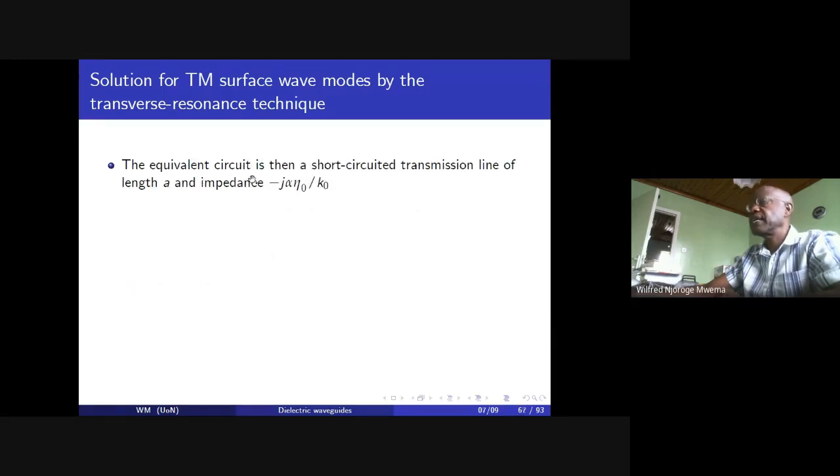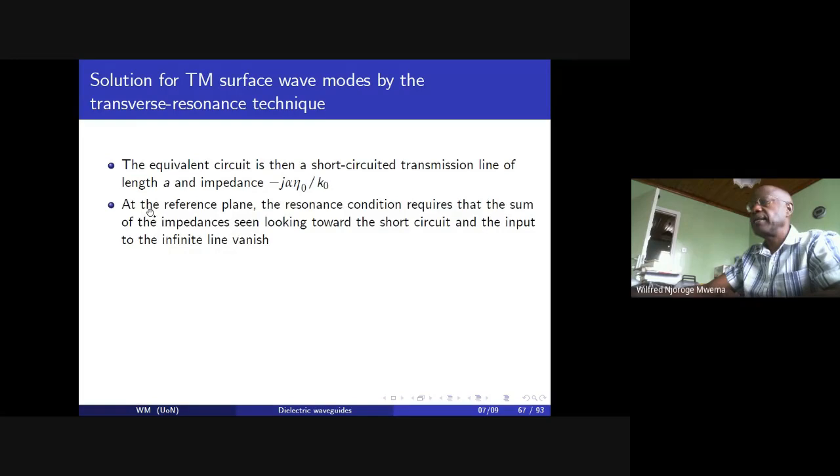And the equivalent circuit is then a short-circuited transmission line of length a and impedance j alpha epsilon naught divided by k naught. At the reference plane, the resonance condition requires that the sum of the impedances seen looking toward the short circuit and the input to the infinite line vanish, just like we said.